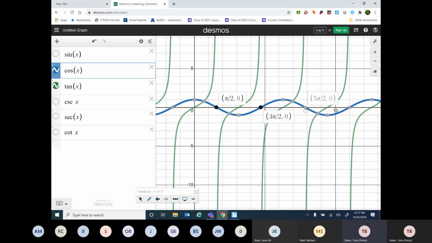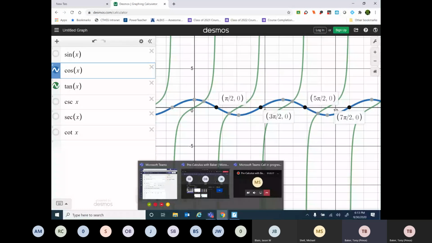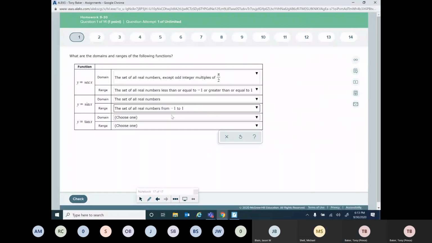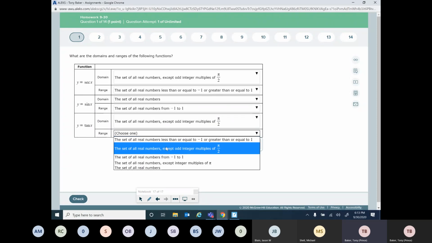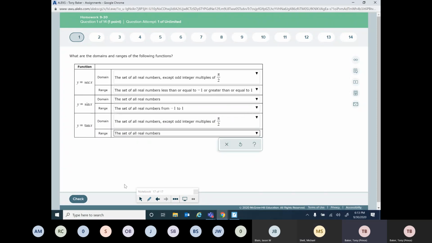If we think about it, my tangent and my secant ones are very similar in that respect. It's where the cosine is 0. So again, it's the same thing. It's the odd multiples of pi over 2. And then my range is all real numbers because it goes all the way from the top to the bottom.